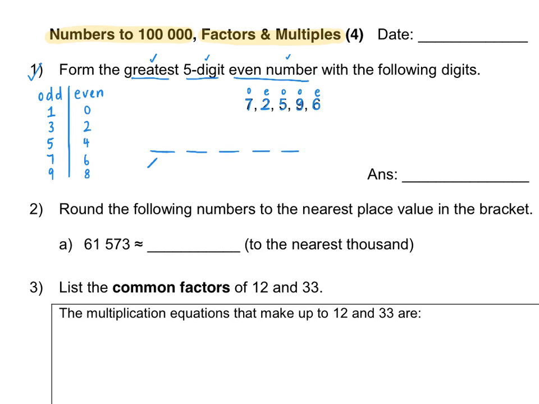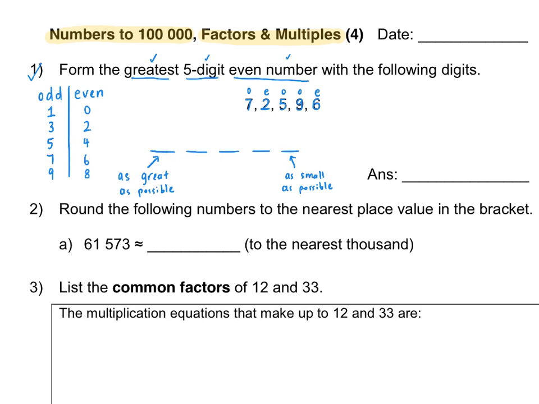Therefore, the very first digit in the largest place value, does it have to be very big or does it have to be very small? It has to be as big or as great as possible. On the other hand, the smallest place value will have to be as small as possible.